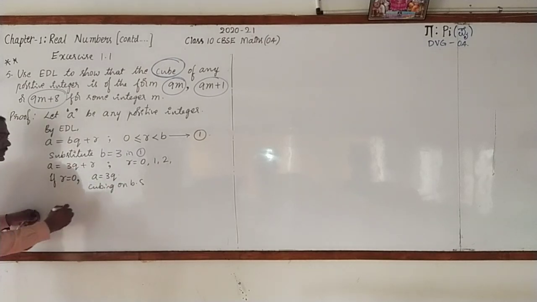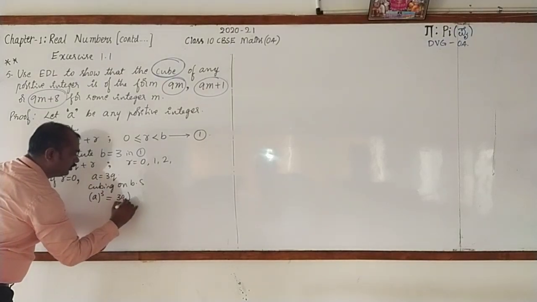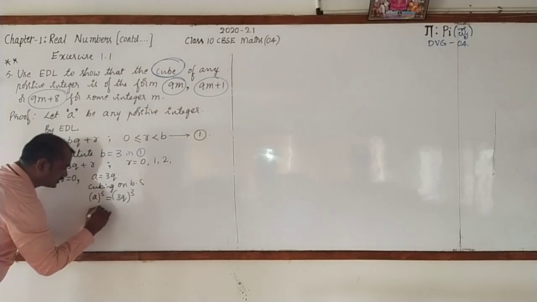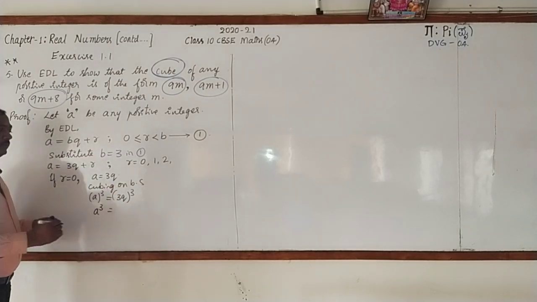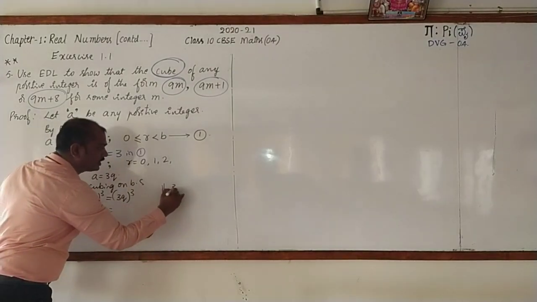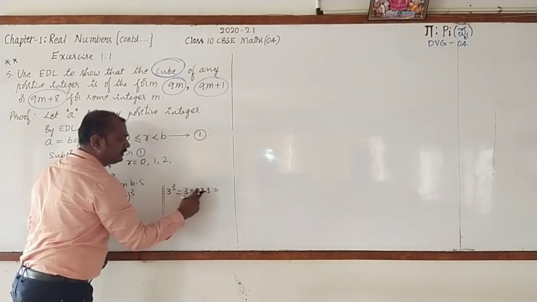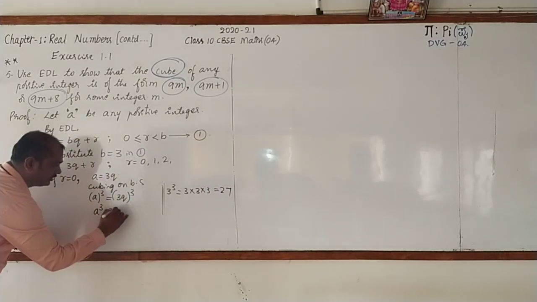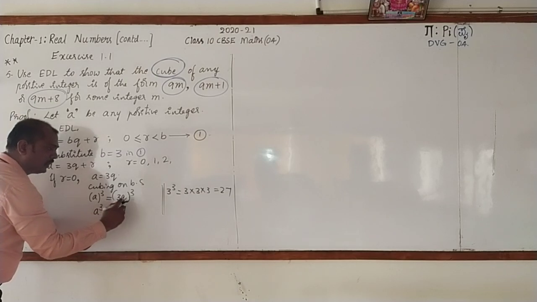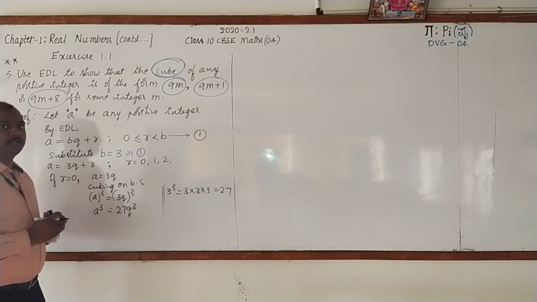Then cubing on both the sides, a whole cube is equal to 3q whole cube. Is it not? What is a whole cube? It is just a cube. 3 whole cube, apply cube to both: 3 cube. What is 3 cube? 3 into 3 into 3. 3 3s are 9, 9 3s are 27. Now apply the cube to q also: q raised to the power 3. A cube equal to 27 q cube.